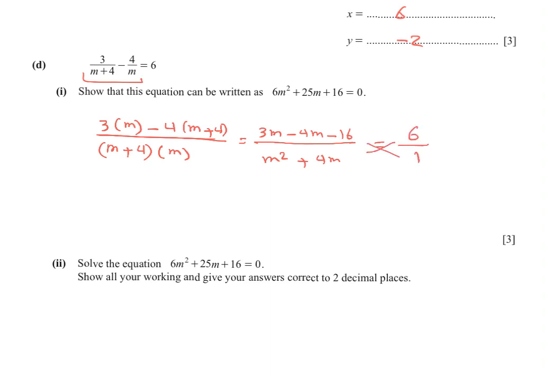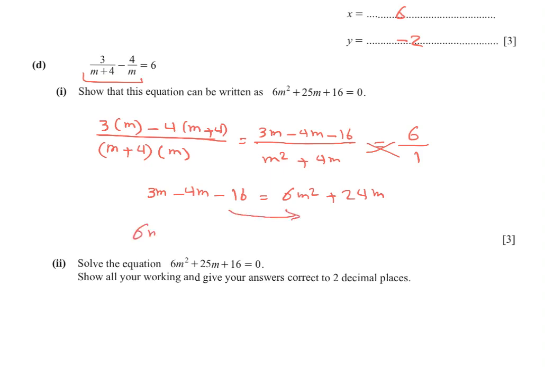Now cross multiply. You get 3m minus 4m minus 16 equals 6m squared plus 24m. Now move everything to this side.